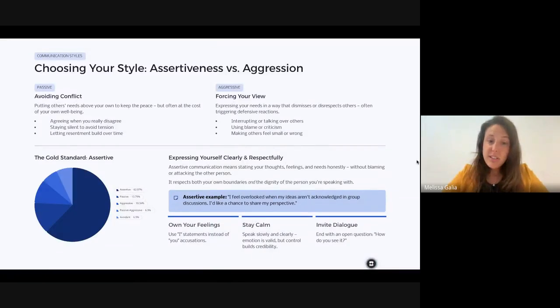So there is an example over here. We can read it together, and we will also do some other examples. Imagine you're in a group work, okay, and the people around are not actually listening to you. You want to express an idea, but the others are just not listening.